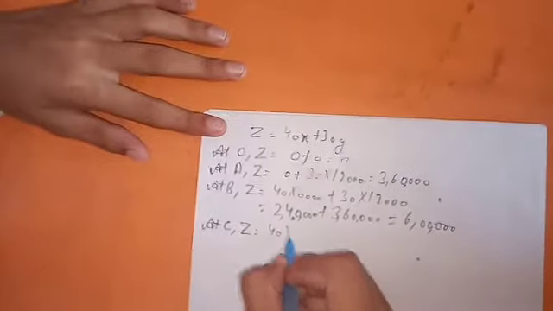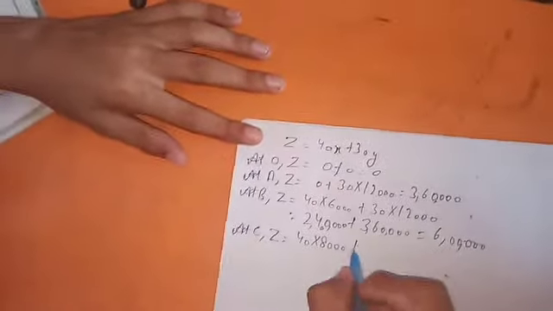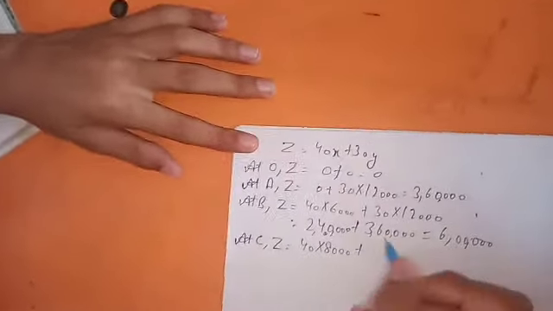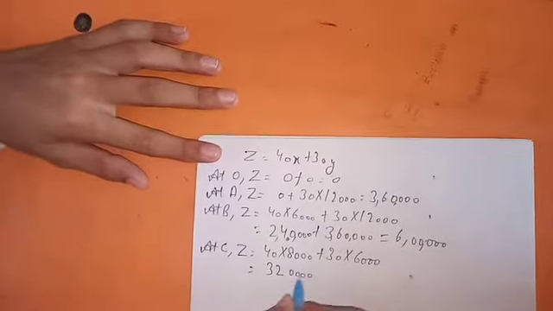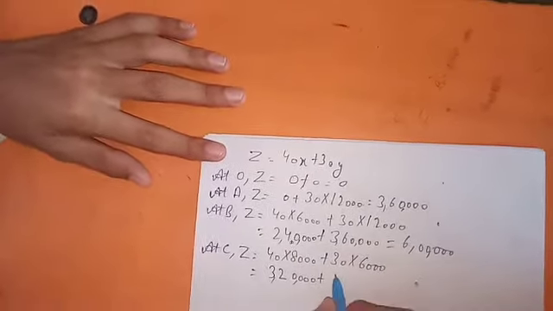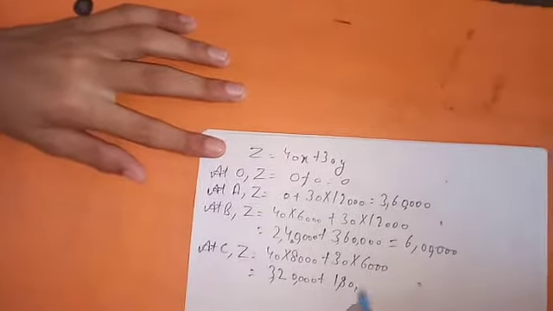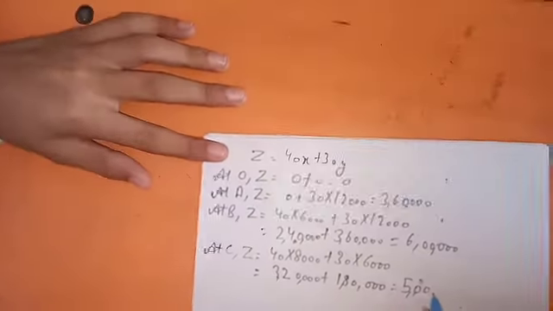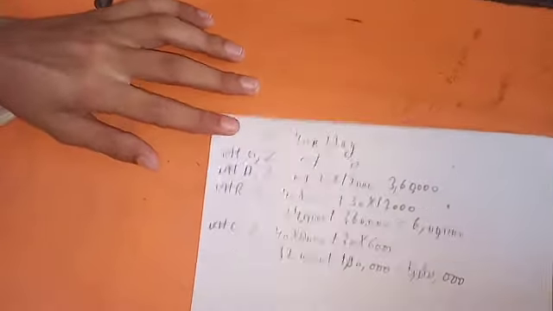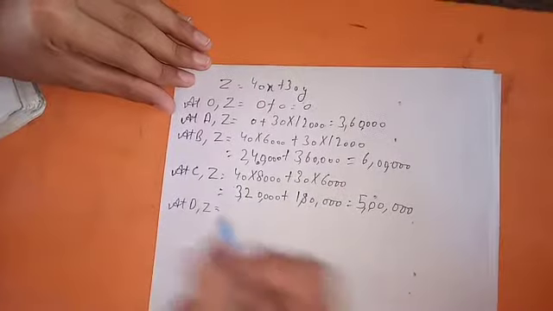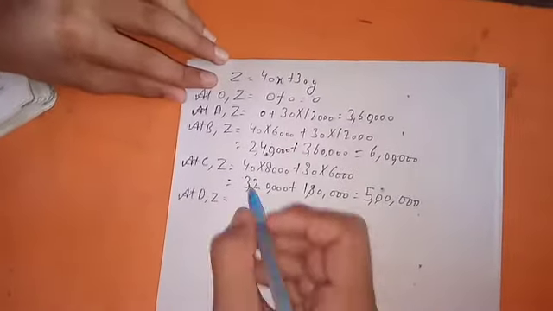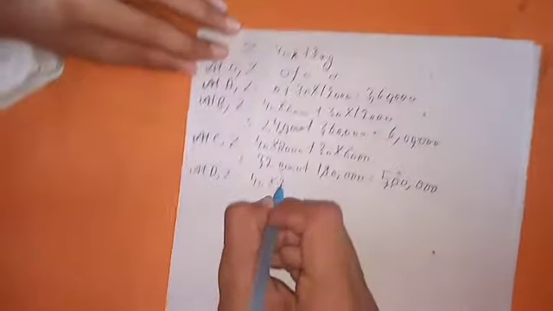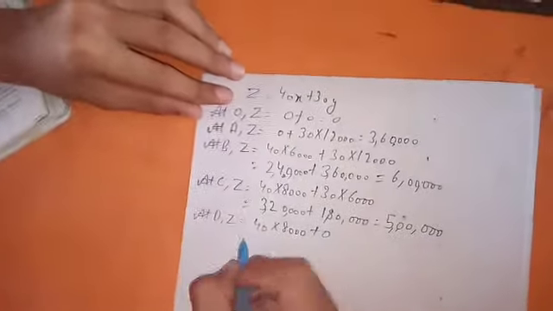So 40 into 8,000 plus 30 into 6,000. It will be 3,20,000 plus 1,80,000. So this total will be 5 lakhs. Okay, now at point D, coordinates of D are 8000 and 0, so it will be 40 into 8000 plus 0.